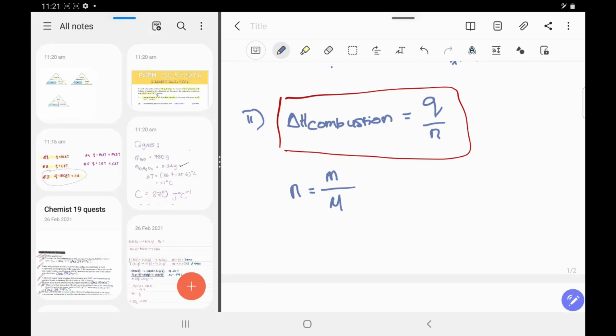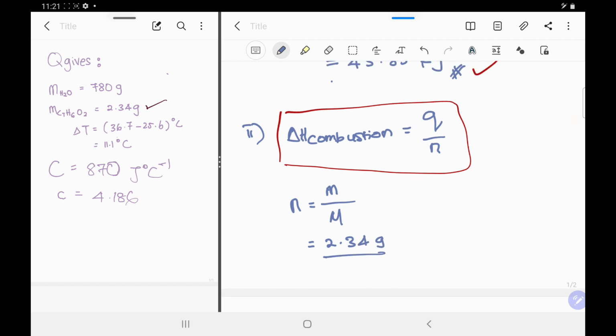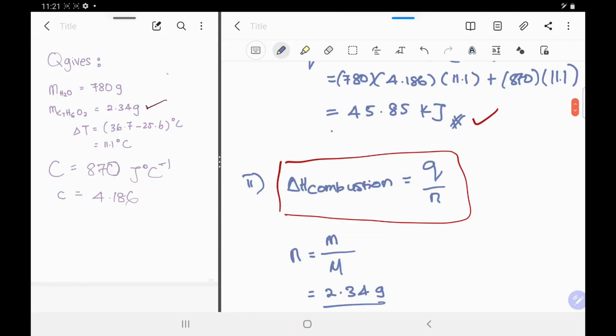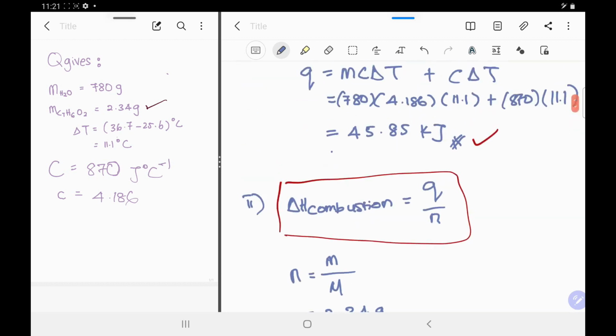So back to our list of information here. The mass of the benzoic acid is 2.34 gram, and the molar mass we get from here is 122. Is it? Wait, I need to calculate first.